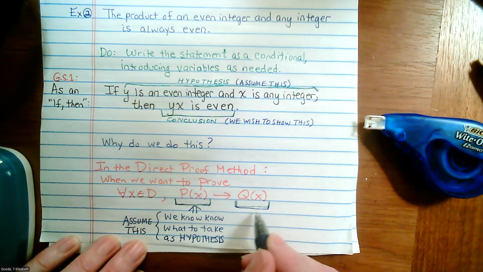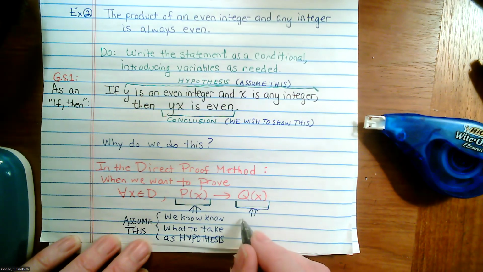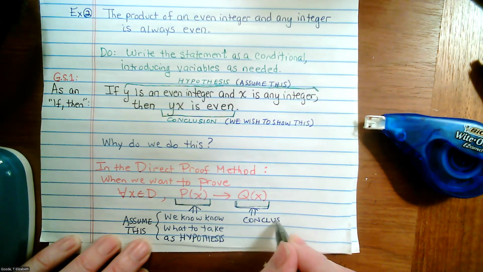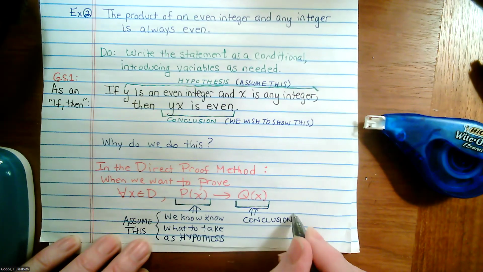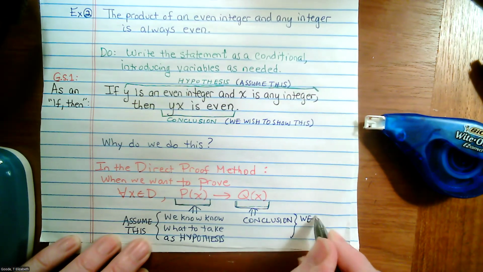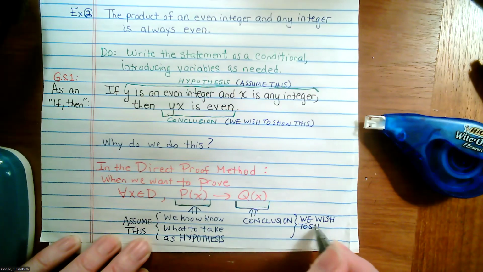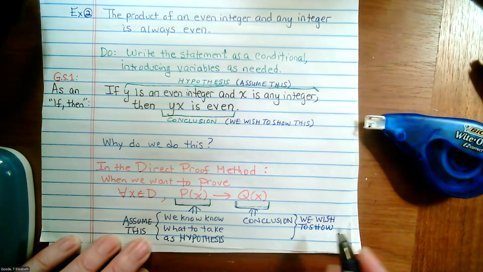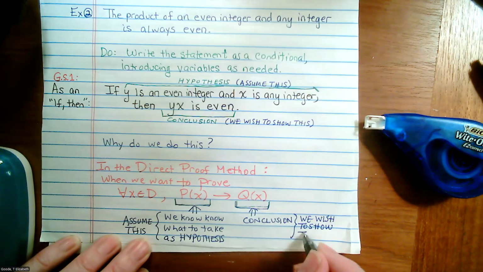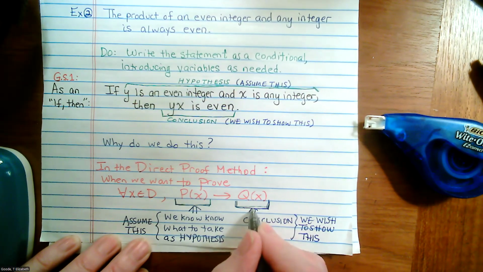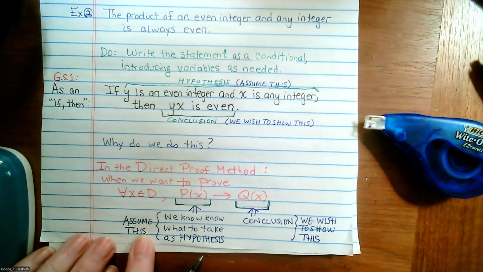And the Q of x, which is the conclusion, this is what we wish to show. So we know what we're shooting for. And that's for this proof method. We like to get our eyeballs on the hypothesis so that we know what to assume.